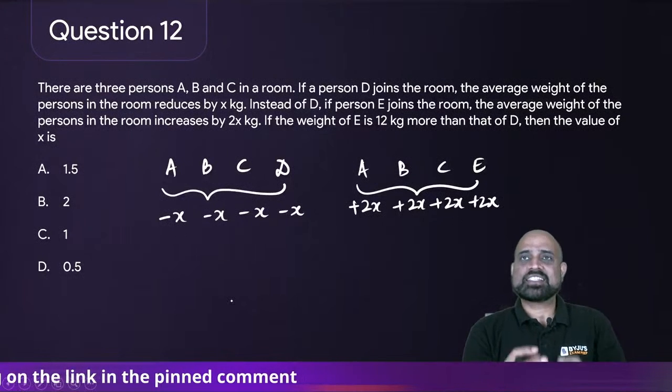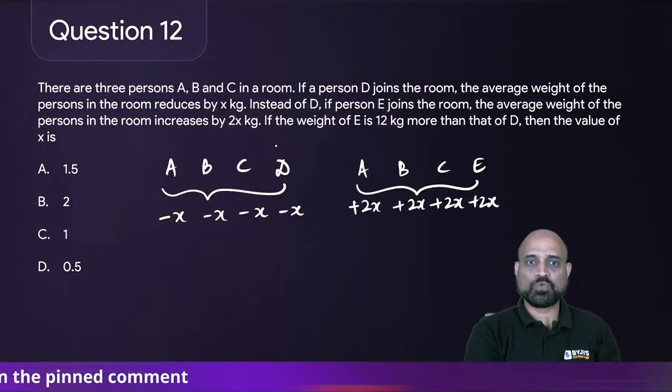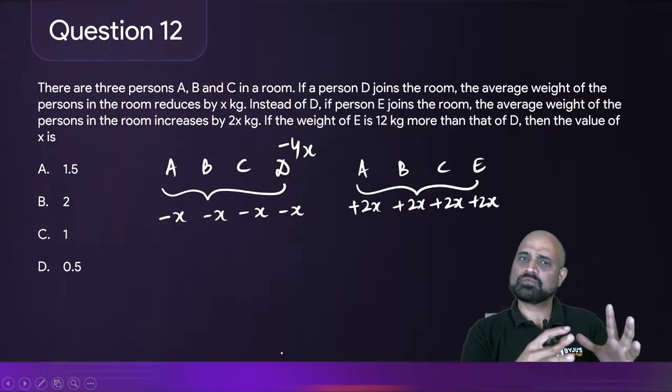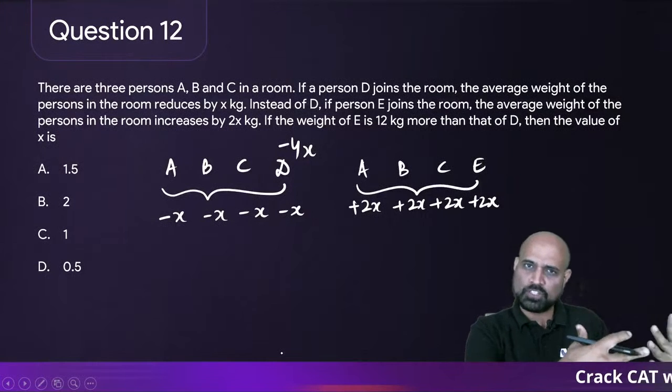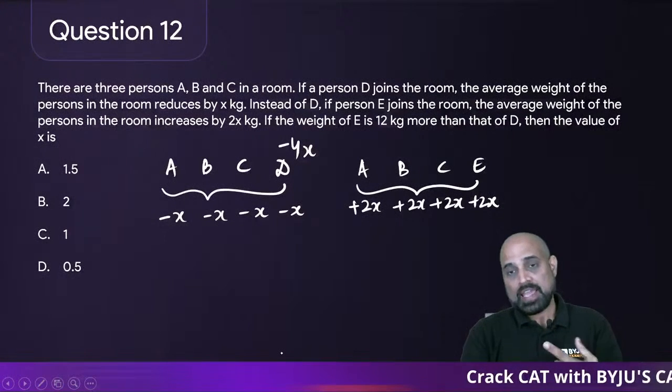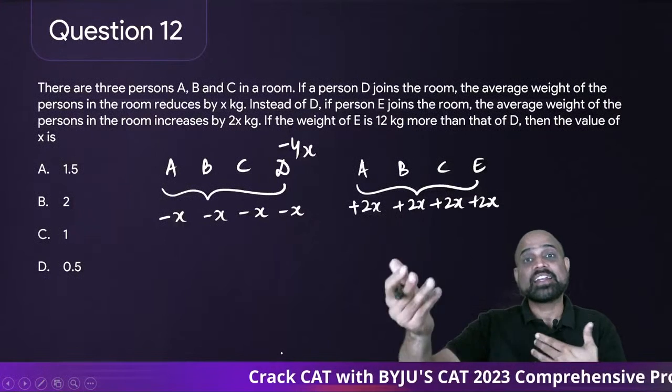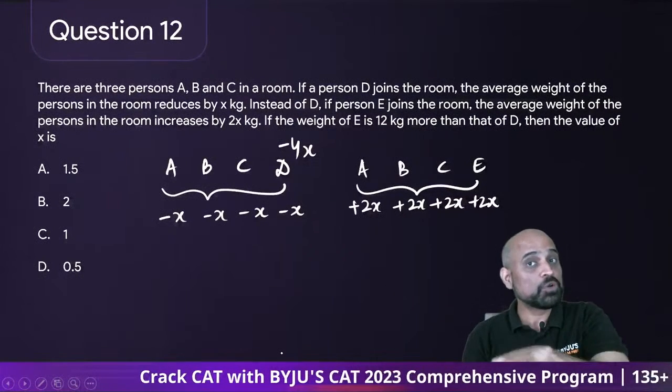So, can we say this reduction of 4x was because of this D? D's weight, on an average compared to A, B, C, was 4x less. And E increases the overall weight by 8x, 2x for each one of them, including himself.